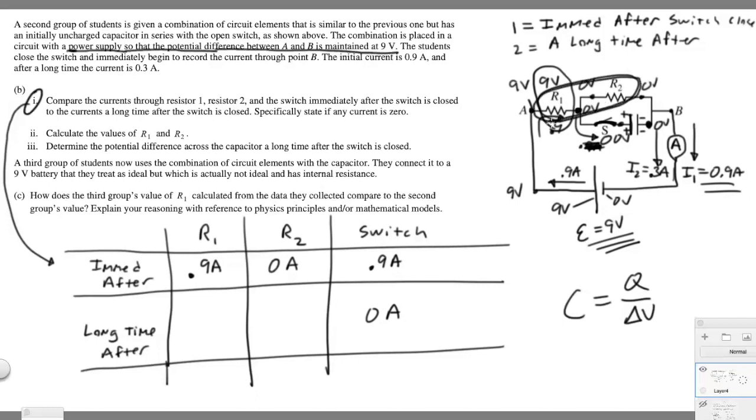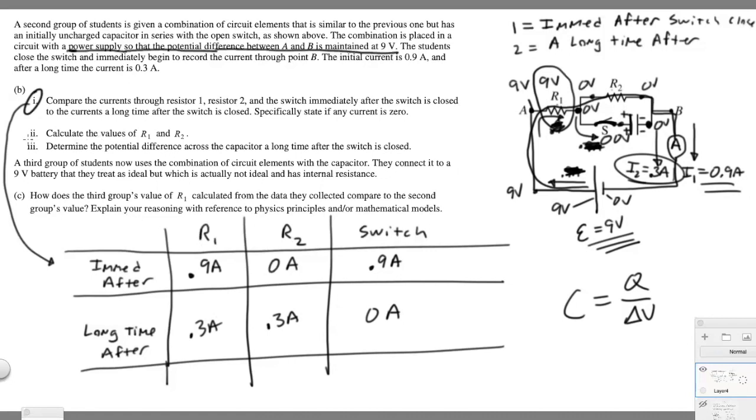Resistors 1 and 2 are going to be in series now because the current, which is no longer 0.9, is going to come out of the battery through resistor 1 up to resistor 2 and then through the ammeter. So resistor 1 and resistor 2 have the same current, which is the 0.3, right? So this is going to be 0.3 amps through resistor 1, 0.3 amps through resistor 2, because resistor 1 and resistor 2 are in series.